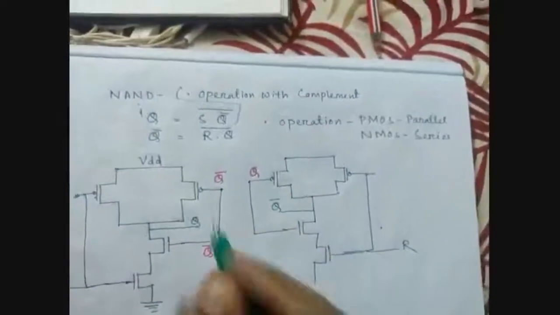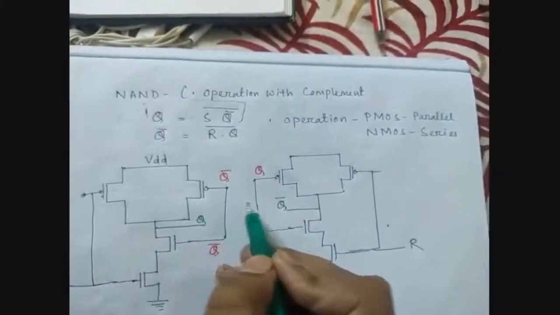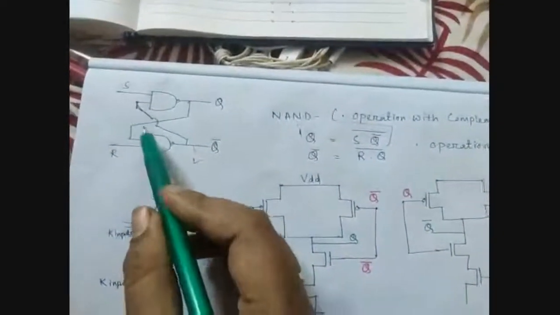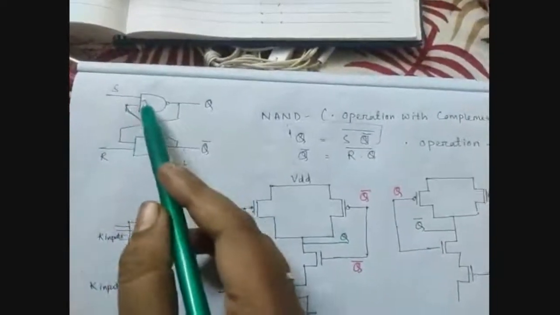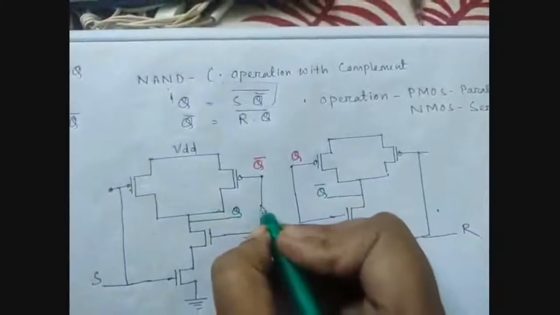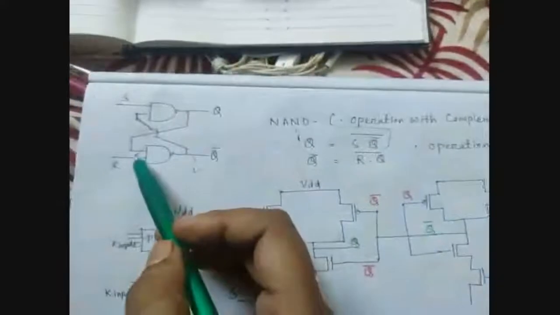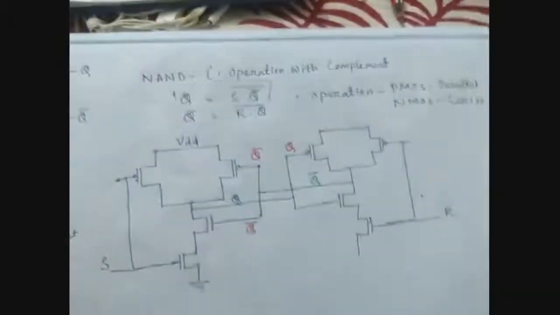As we know, Q bar is given as input to this NAND gate, so we connect it here. And Q is given as input to the other NAND gate, so we connect this here.